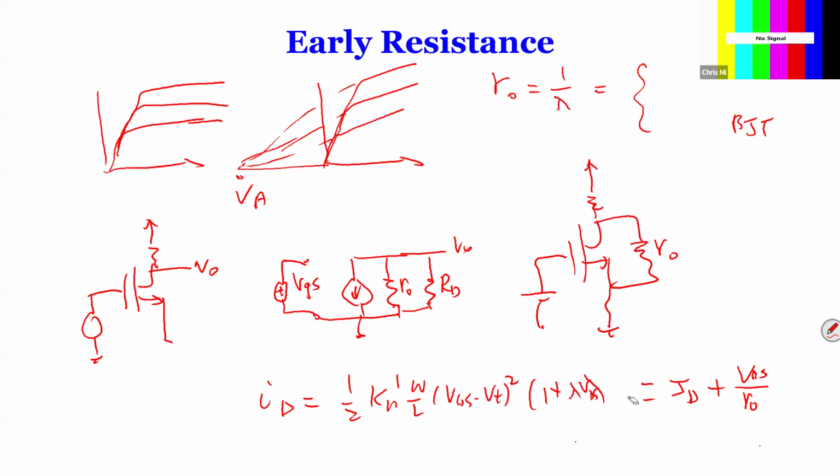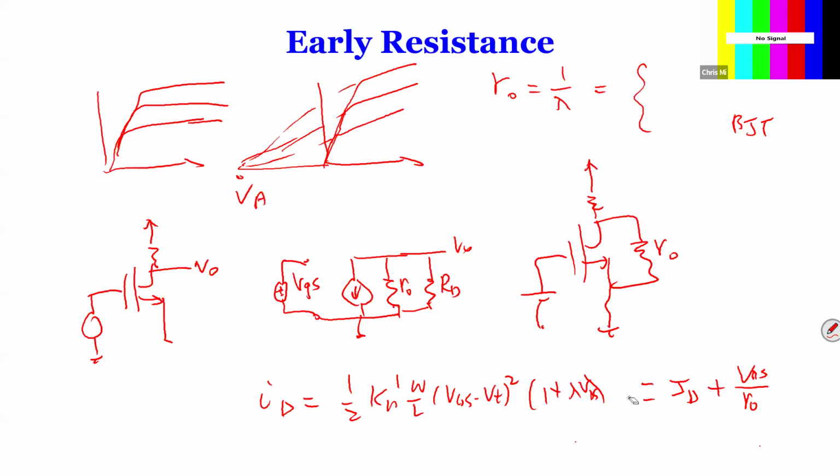At the end of the day, this not only impacts the DC biasing, but also has an impact on the small signal. For the small signal, you add this one onto the transistor, and that's your early resistance. In the future we use RO a lot, because sometimes you have an amplifier that doesn't have a load.